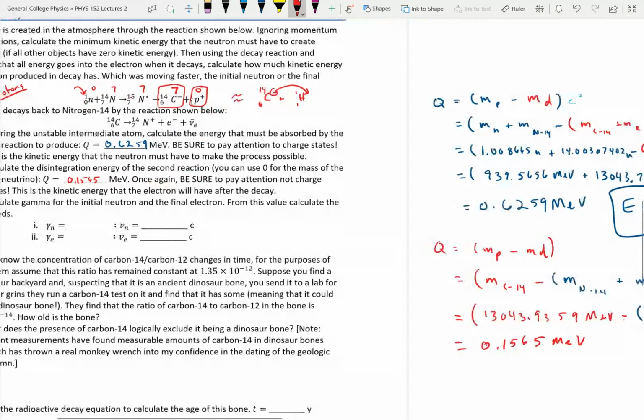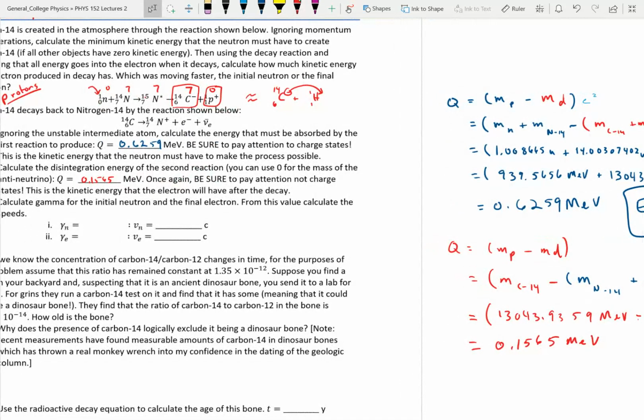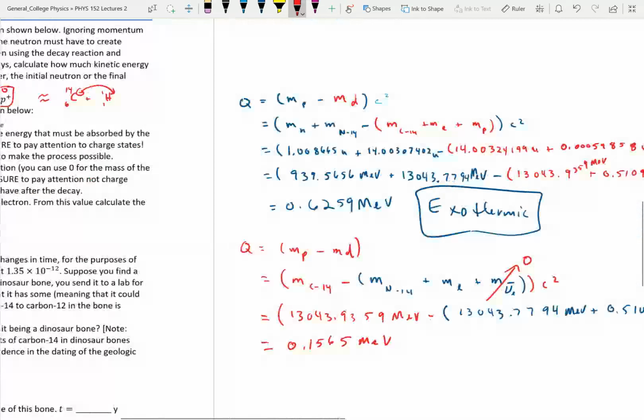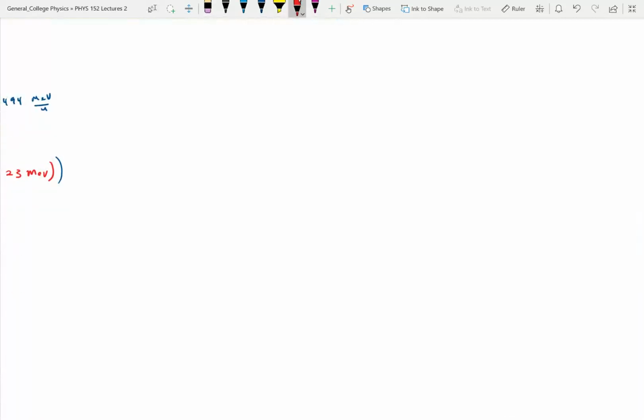And then I said calculate the gamma for the initial neutron, assuming that all of this energy that's released in the reaction was held by the neutron. That was, like I said, boo-boo. And calculate speed. So the first thing I did was to calculate gamma. Now we know that kinetic energy is equal to gamma minus 1 mc squared, and total energy is equal to gamma mc squared, and rest energy is equal to mc squared.